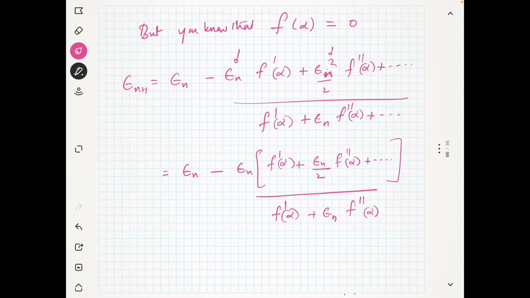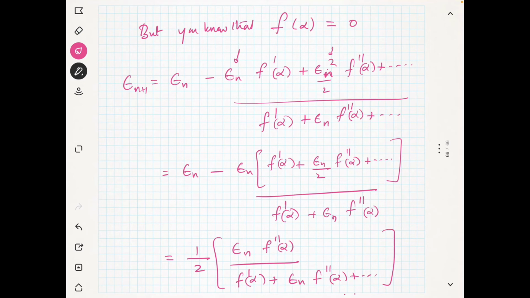Just a simplification, so you will get half of epsilon n into f double dash of alpha divided by f dash of alpha plus epsilon n into f double dash of alpha plus so on.